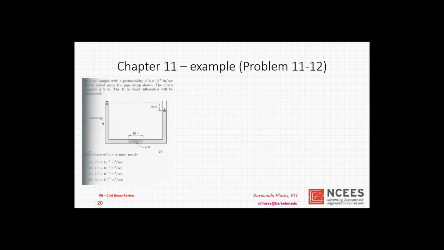The volume of flow is most nearly what? If you're trying to get the volume of flow, you would think it should just be a volume, but it's actually a form of discharge, inch cubed per second. So remember how we said we should define our region for it?